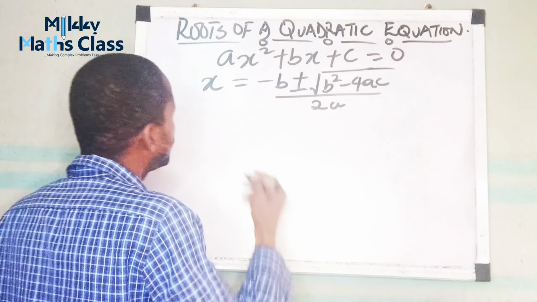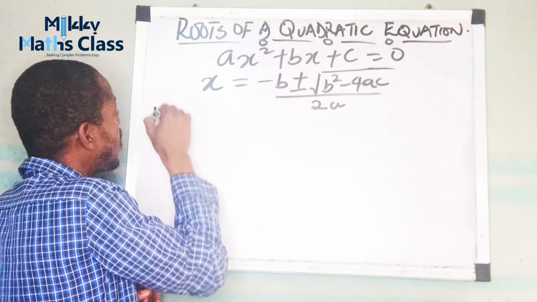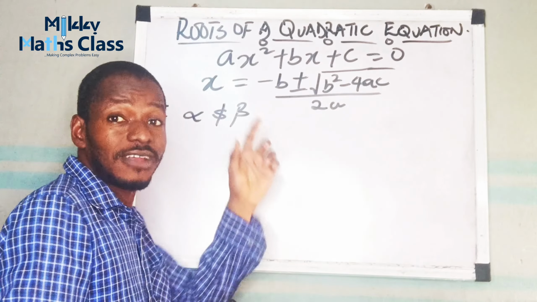So, for example, let's say alpha and beta are the roots of this quadratic equation.